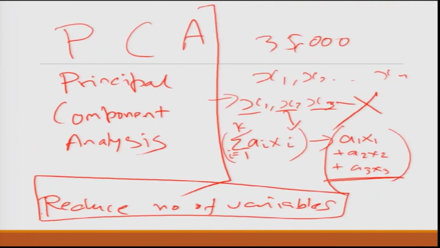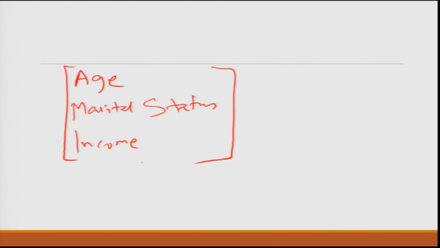So for example, in case the 3 variables that you found useful were age, marital status and income, you can say that if somebody has a mature age, is married and has high income, he is probably somebody of high social status.